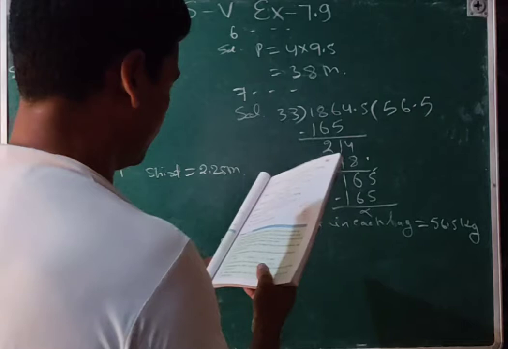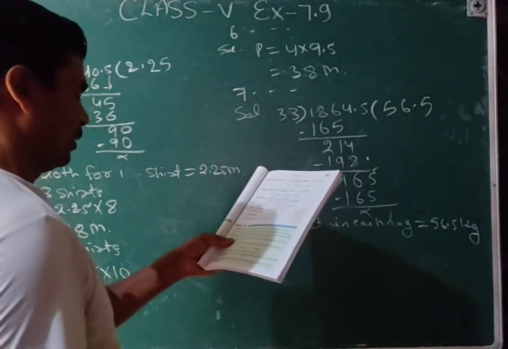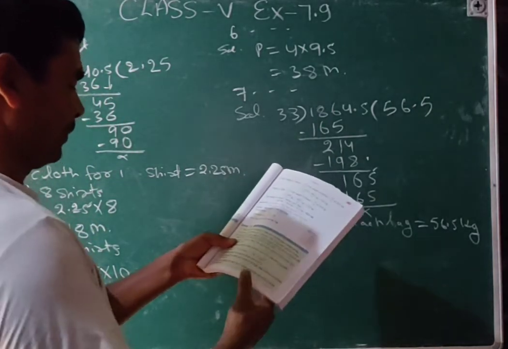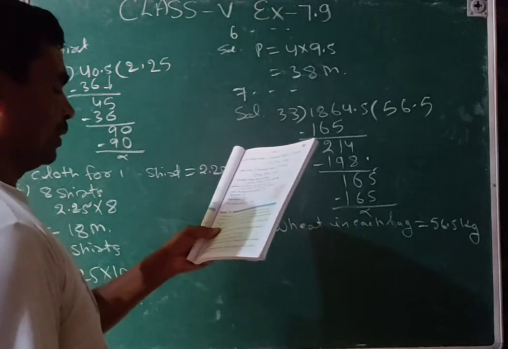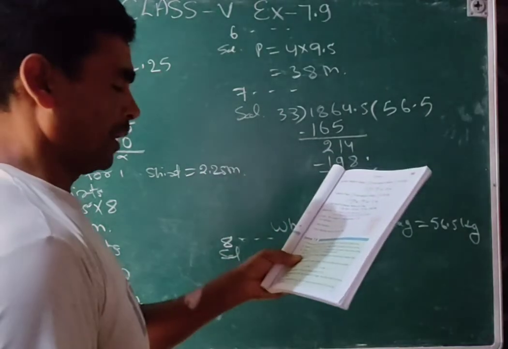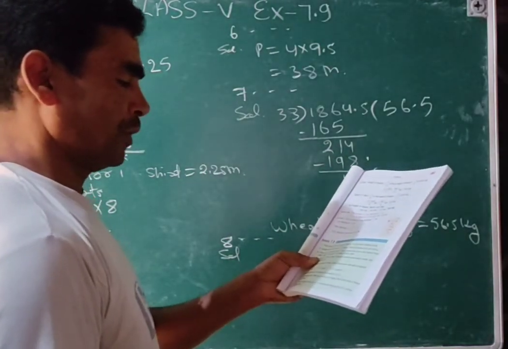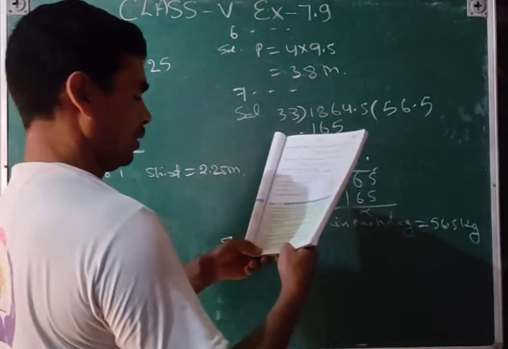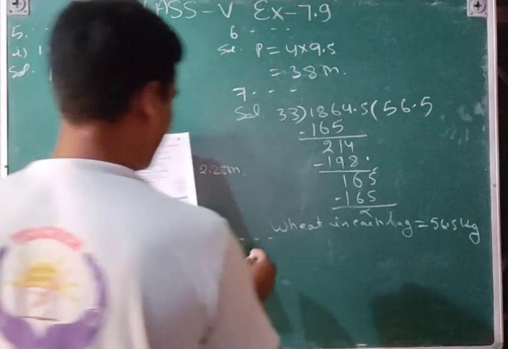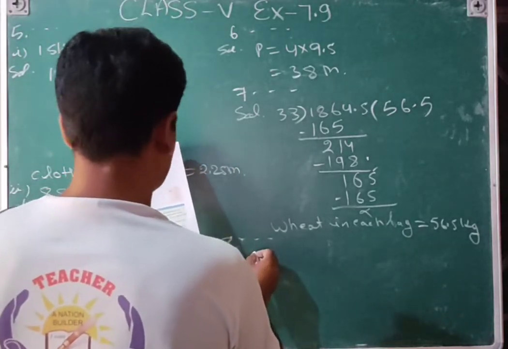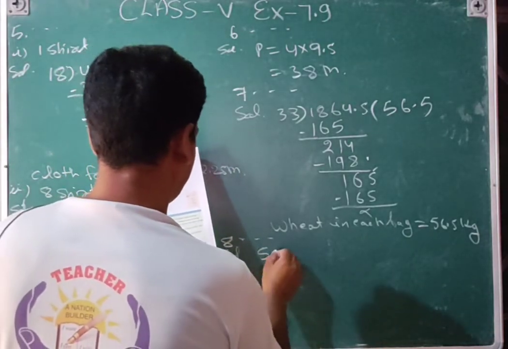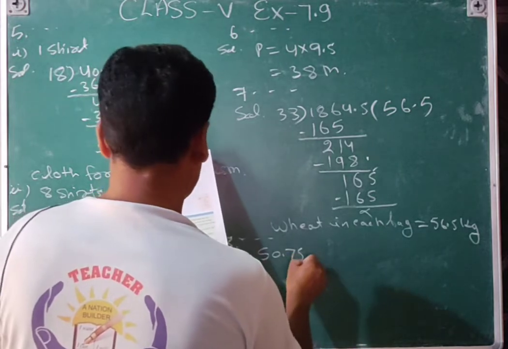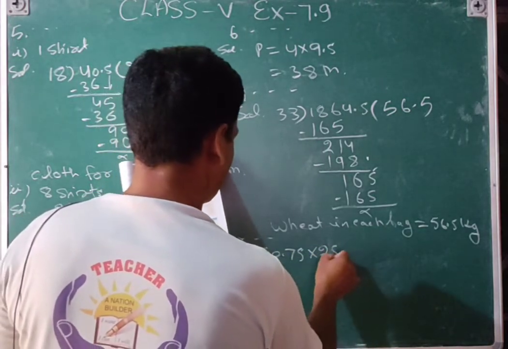And then 8th question. 1 meter of shirting cloth costs rupees 50.75. What will be the cost of 25 meter of shirting cloth? So obviously here we will multiply. The cost of 1 meter is 50.75 multiplied by 25.